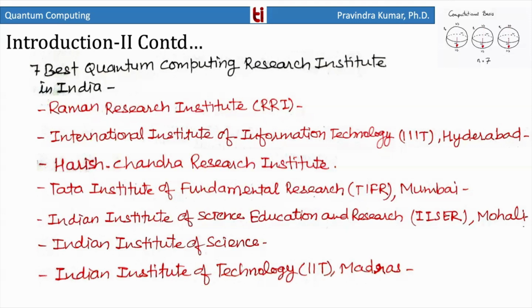They focus on areas including quantum key distribution, quantum sensors, quantum computing, post-quantum cryptography, quantum error correction, and quantum algorithms. Along with this, IIT Jodhpur, IIT Bombay, and IIT Delhi are also making significant contributions in quantum research.